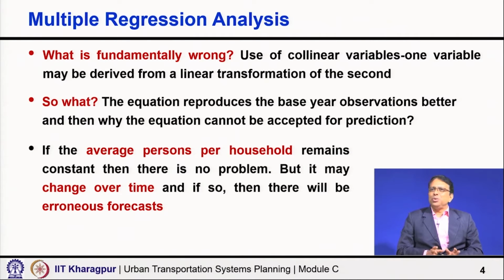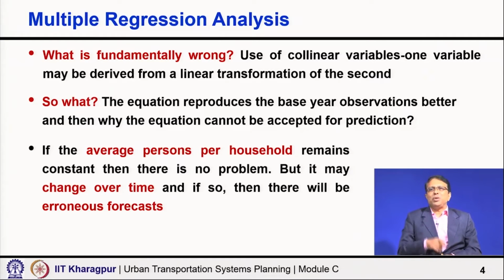So, zonal population is equal to k into zonal households. Whatever is the average number of persons per household in the base year, that k value is inbuilt in the model.